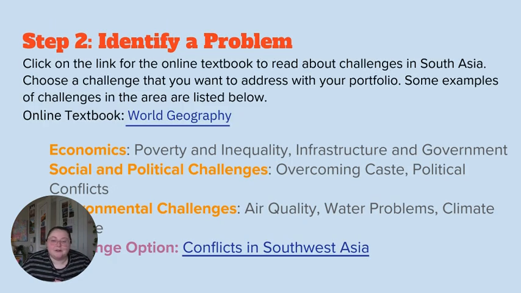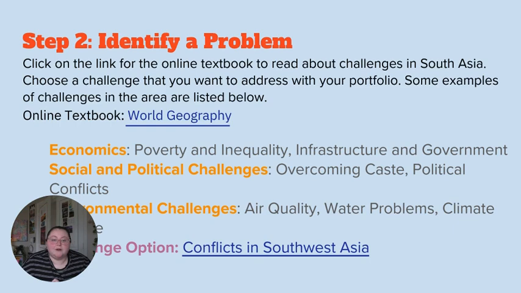So once you have your country picked, you can pick a problem that country faces. Our textbook online has a lot of great examples that you can use in this portfolio. Some examples from the book: you could look at economic problems like poverty and inequality or infrastructure. You could look at social and political challenges like the caste system or political conflict.